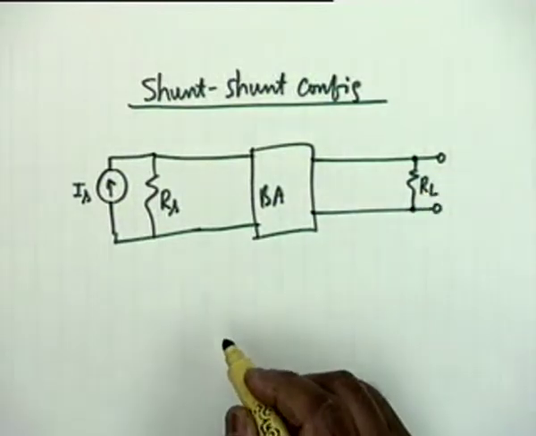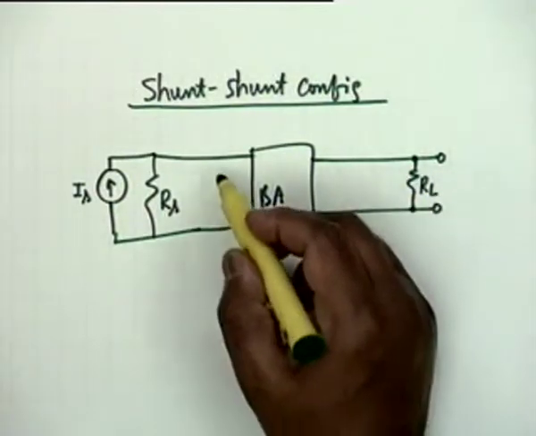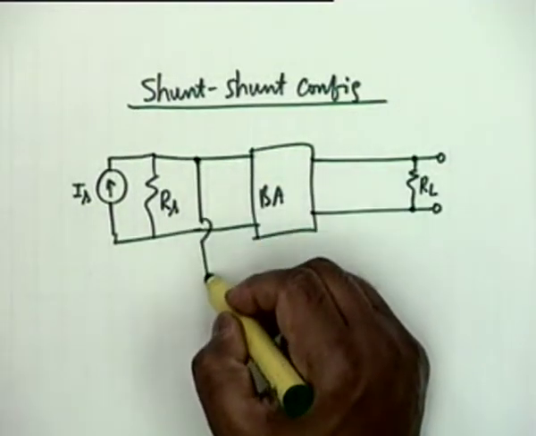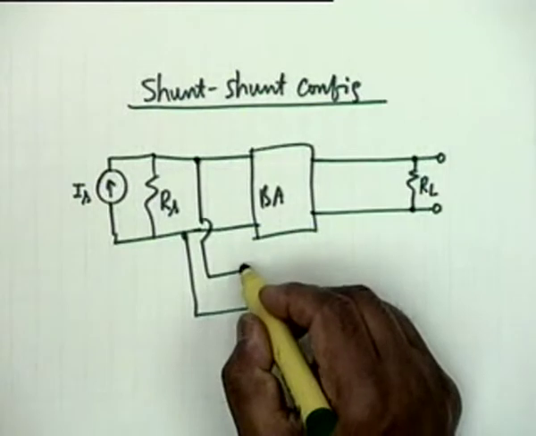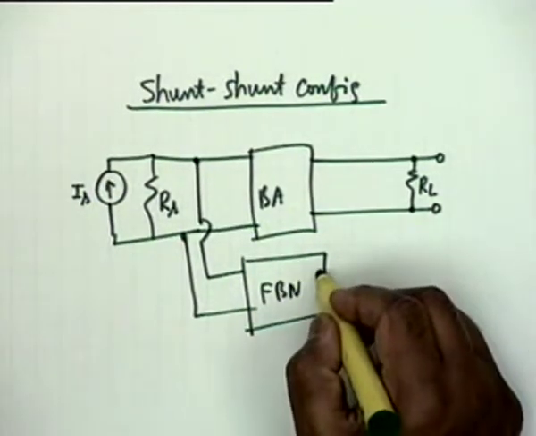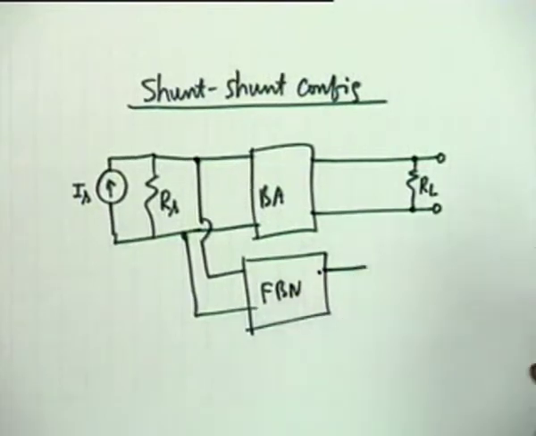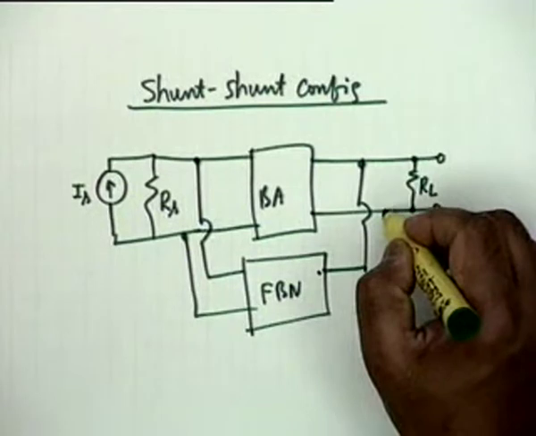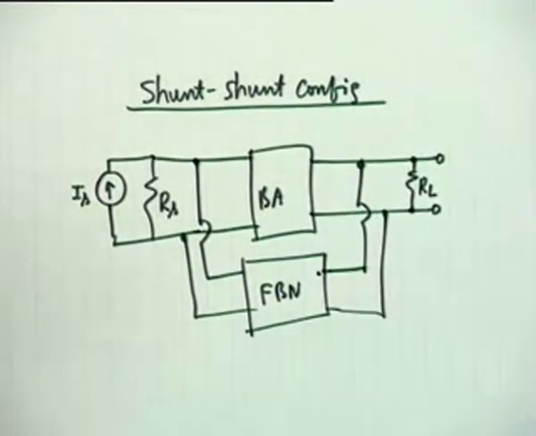This is the practical circuit. Then shunt means that I shall have the feedback network would be like this. Okay, this is the circuit of a shunt configuration.